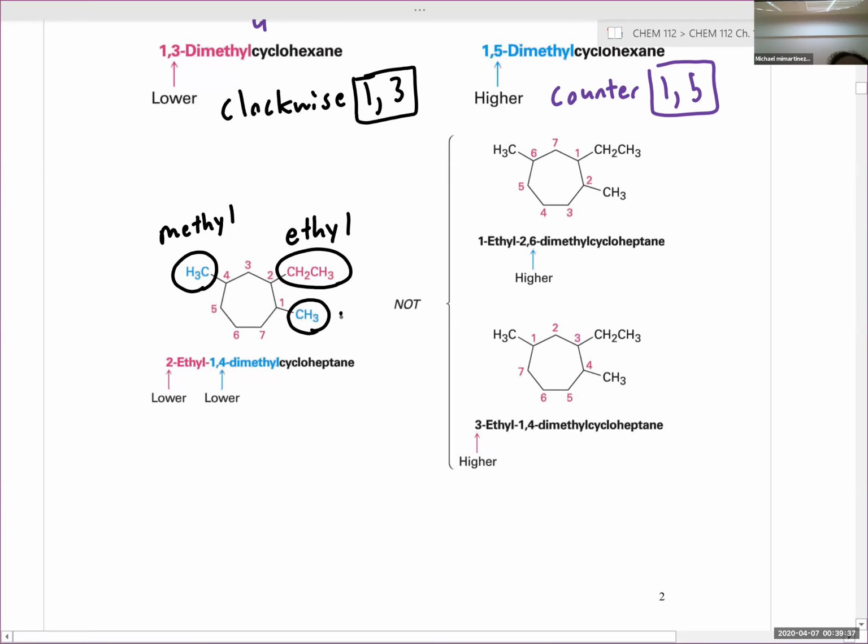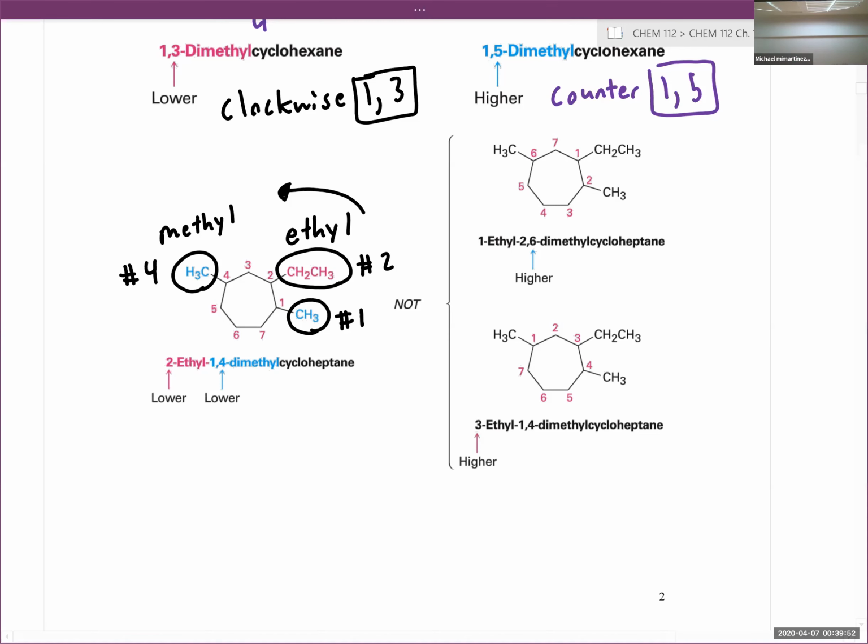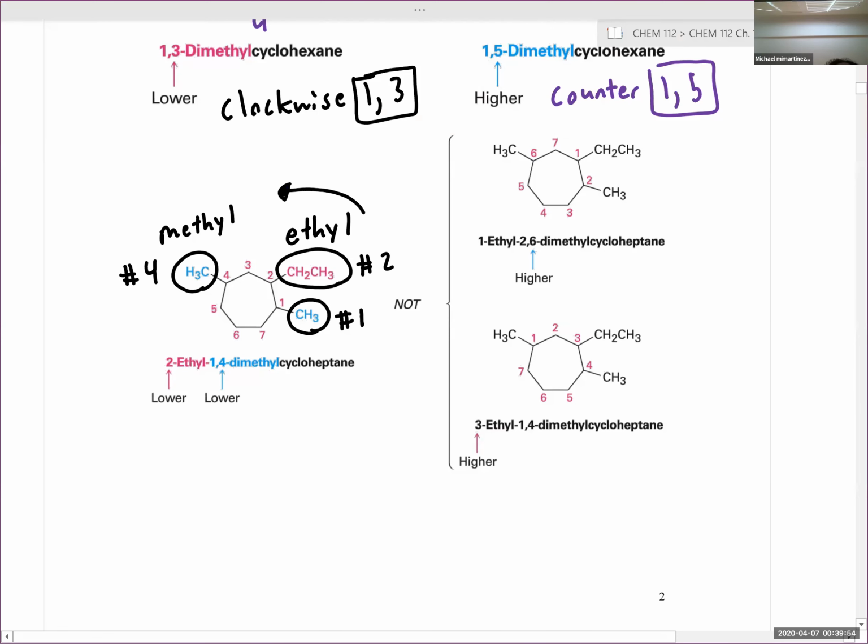We start counting. Our methyl is at carbon number 1. Our ethyl is at carbon number 2, and our second methyl is at carbon number 4. Now we are counting counterclockwise in this case. The reason being, if we tried to count clockwise from our methyl group, 1, 2, 3, 4, 5, 6, 7, we'd end up with larger locant numbers.